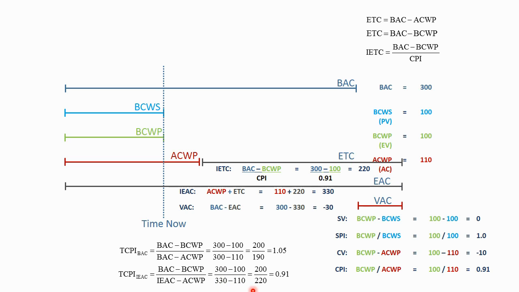We subtract the 110 hours of actuals, which means we have 220 hours of budget remaining, which was our ETC here. 200 divided by 220 is 0.91. So with this budget of 330 hours, what we're saying is if the project manager performs at the same level they have been performing, they will meet this 330-hour budget.